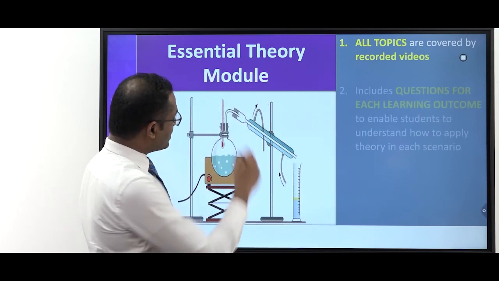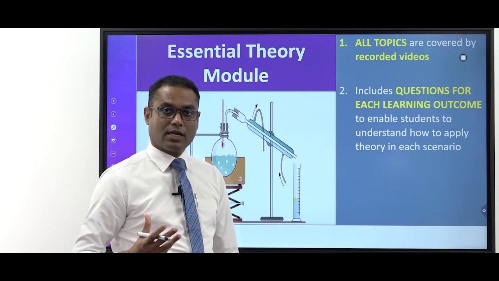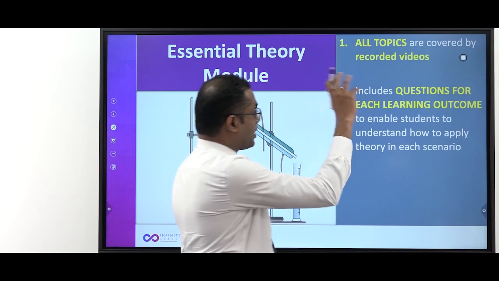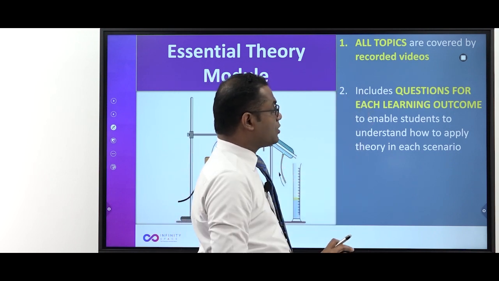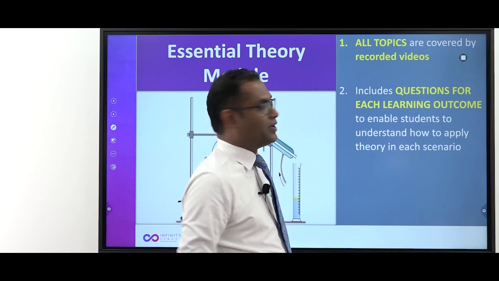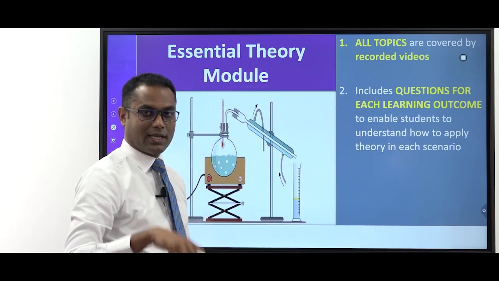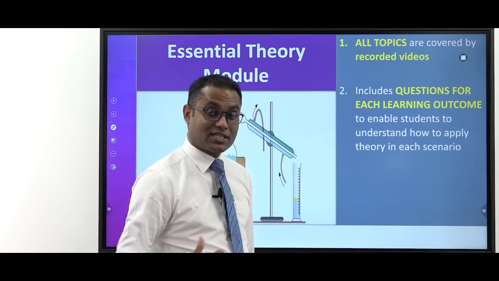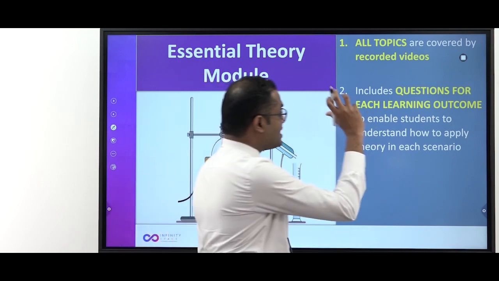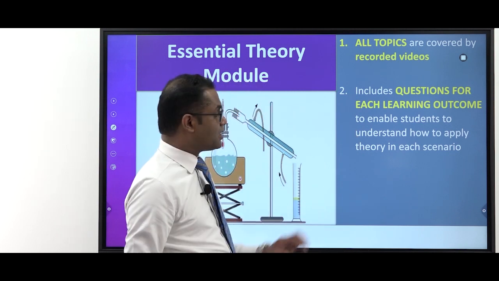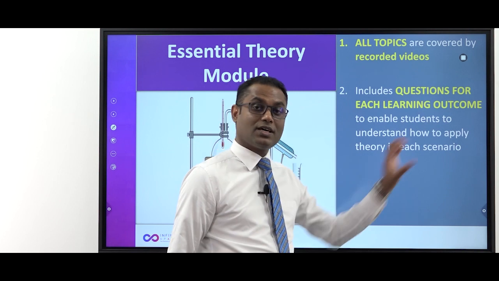Then when it comes to theory, sometimes you might think that this is only theory, no questions. No, basically questions are included to cover each learning outcome. Within the theory module itself, past paper questions as well as model questions are discussed to cover each learning outcome, to enable the student to understand how to apply the theory to the scenarios.